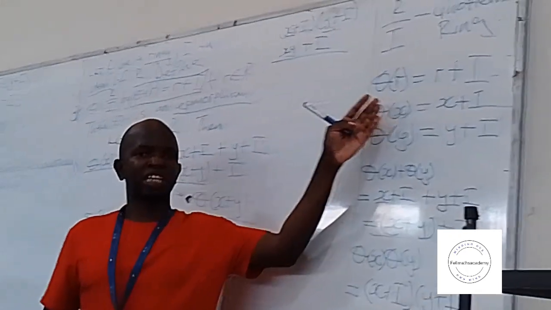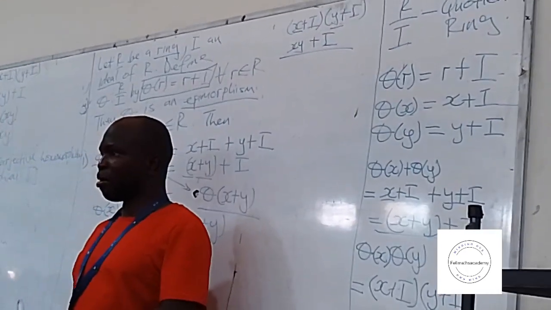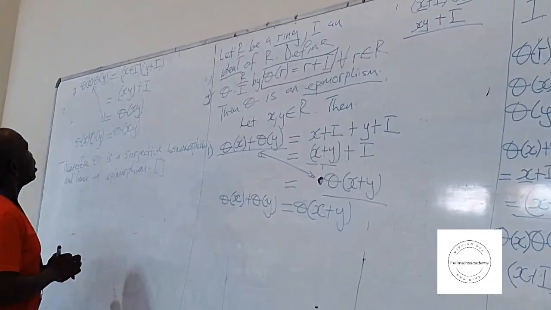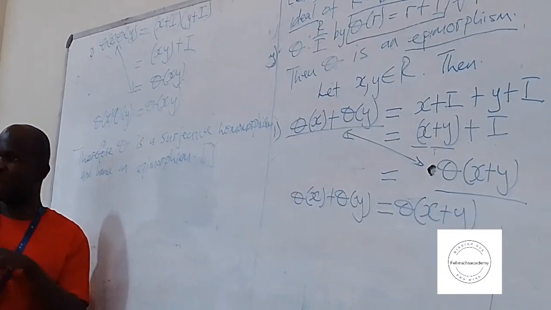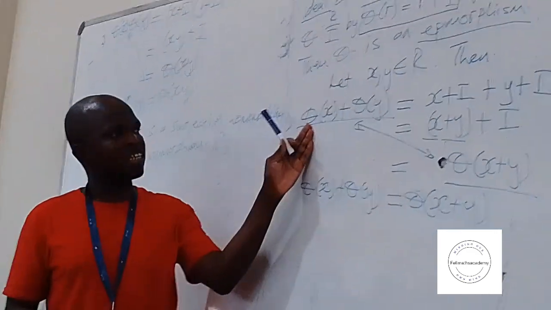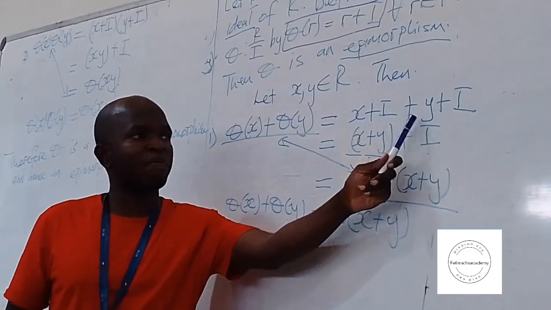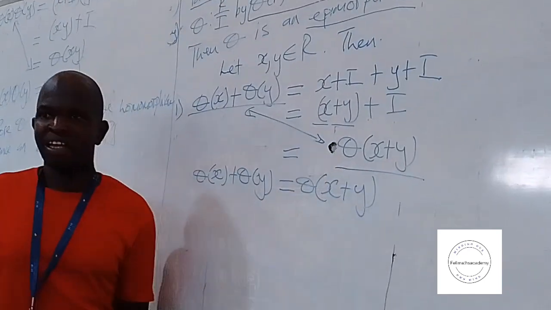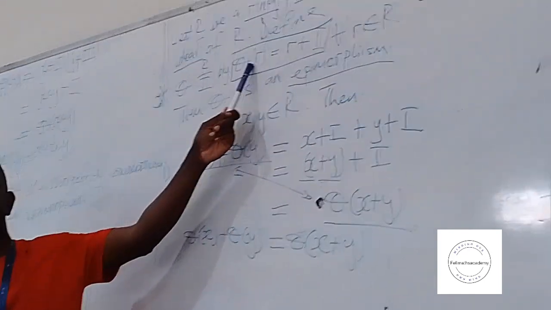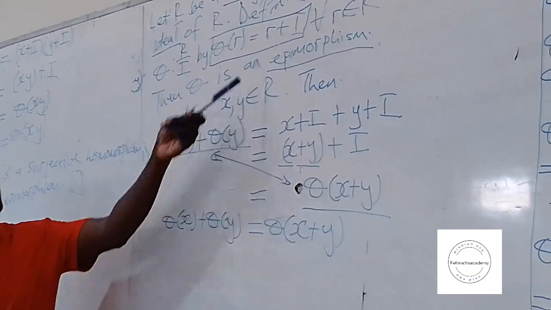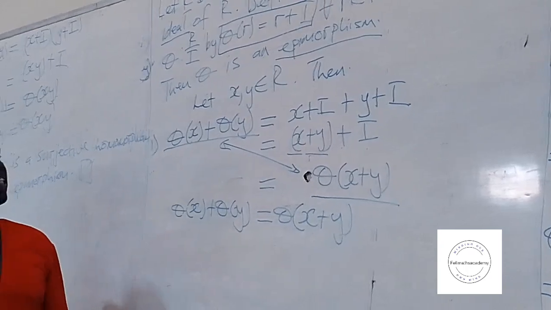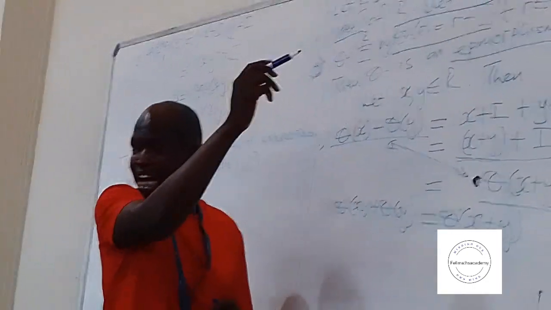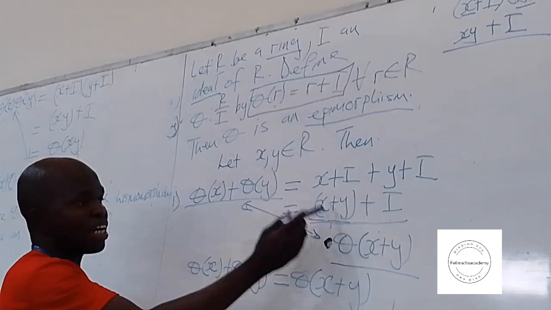Number 2, we test multiplication, and we get the results. By my definition, a homomorphism under addition, theta x plus theta y is equal to x plus I plus y plus I, so we add to get x plus y plus I, which is equal to theta of x plus y. If you argue the facts, you lose track of the proof, so keep this fact in your brain. In the process of simplification, you arrive at this thing, which is equal to theta r, but r is x plus y.